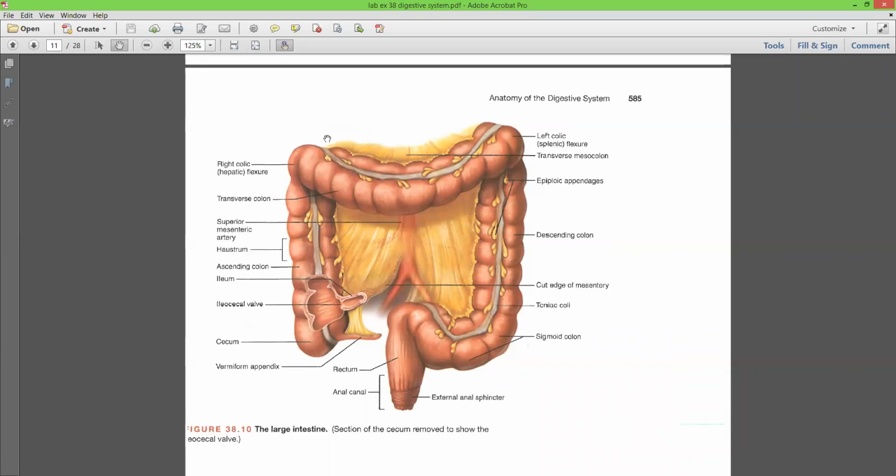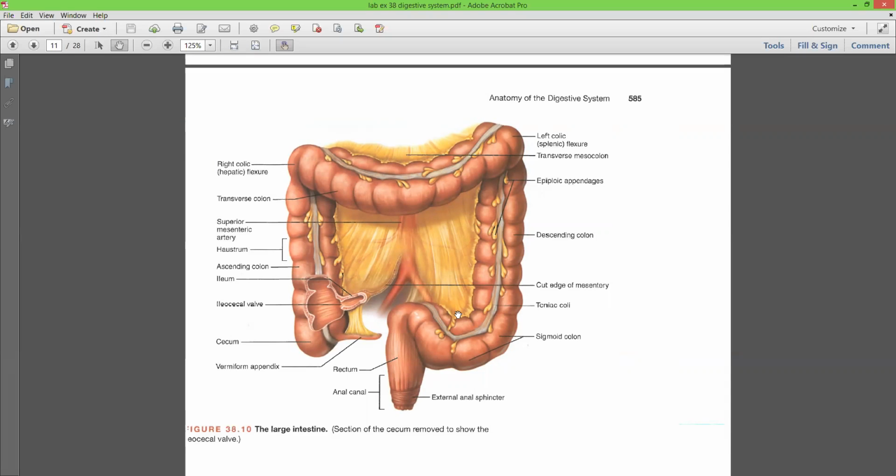All right, then this area is where the liver is. So this is the hepatic flexure. Transverse colon, which goes across. Okay, this is where the spleen is. So that upper left side is the splenic flexure. All right, so then you have the descending colon, and then the sigmoid colon to the anus.